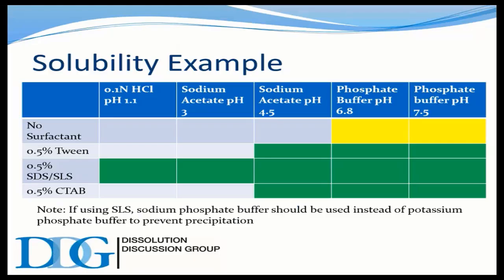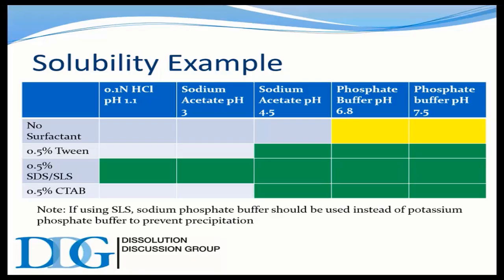And so coming out of that solubility screen, you can kind of get a feel for what the best combinations are for surfactants or perhaps no surfactants in pHs, and just get a general idea before we get to the dissolution tester on what may or may not work.